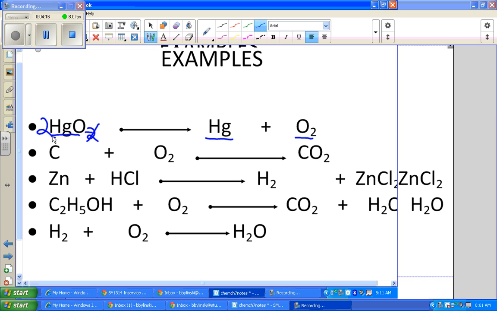Never should a 2 go here. That is not a coefficient. Okay? But you should notice now that the 2 now affected the Hg. You now have 2 of them, so you need to place a 2 on the right-hand side as well. This is now balanced. Make sure never ever put a number here.